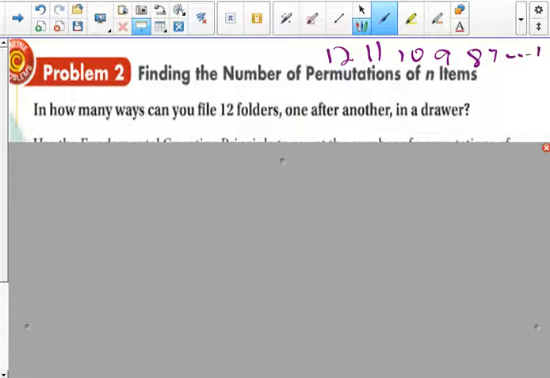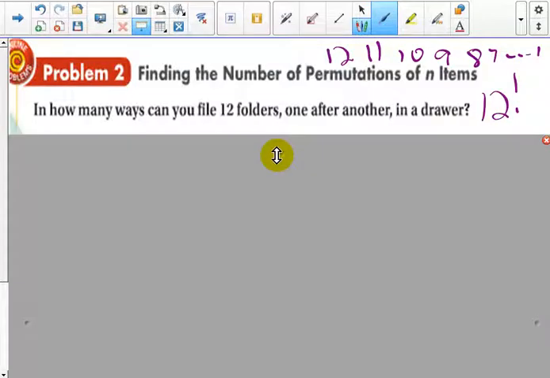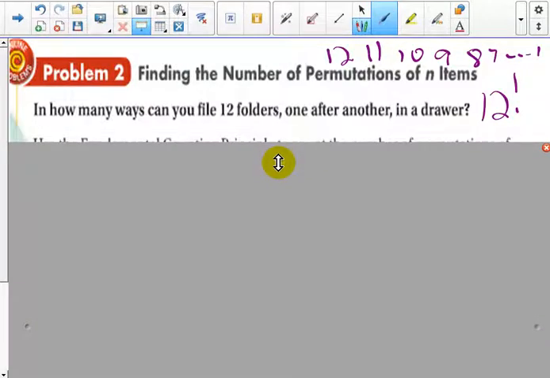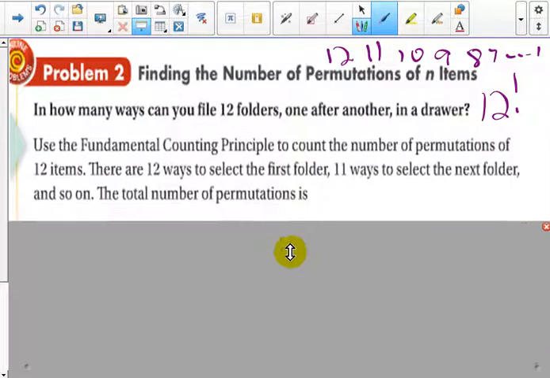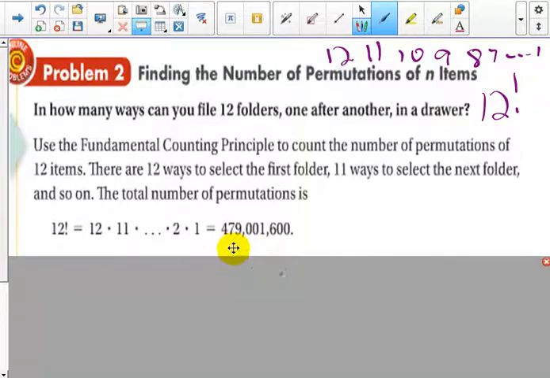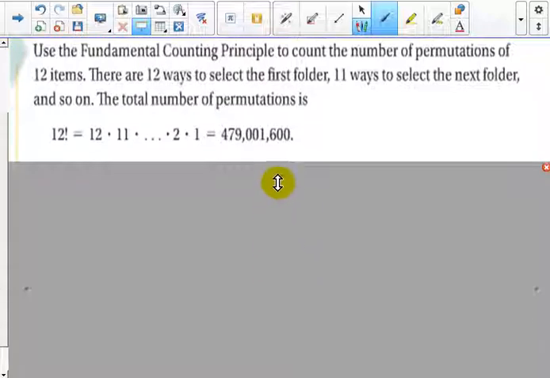So really, this is just 12 factorial, right? We've got 12 folders. How many ways can we put them? So it's going to be 12 factorial, which is 479,001,600. Okay? So that's an example of a word problem.